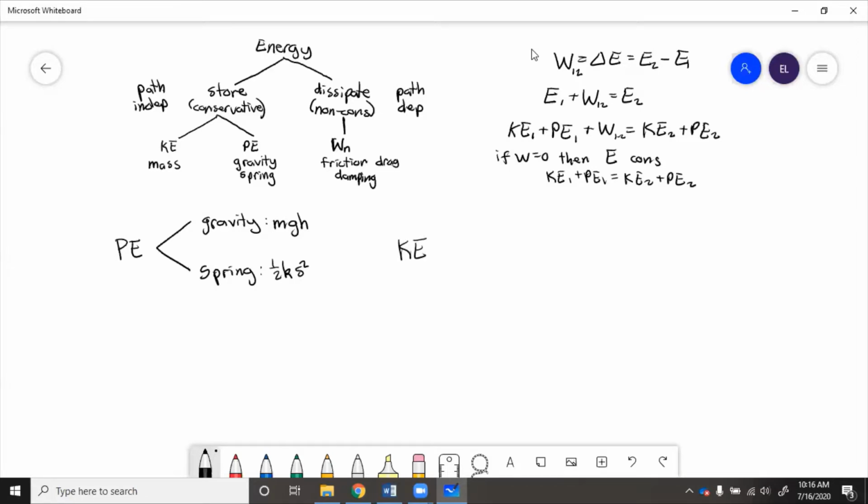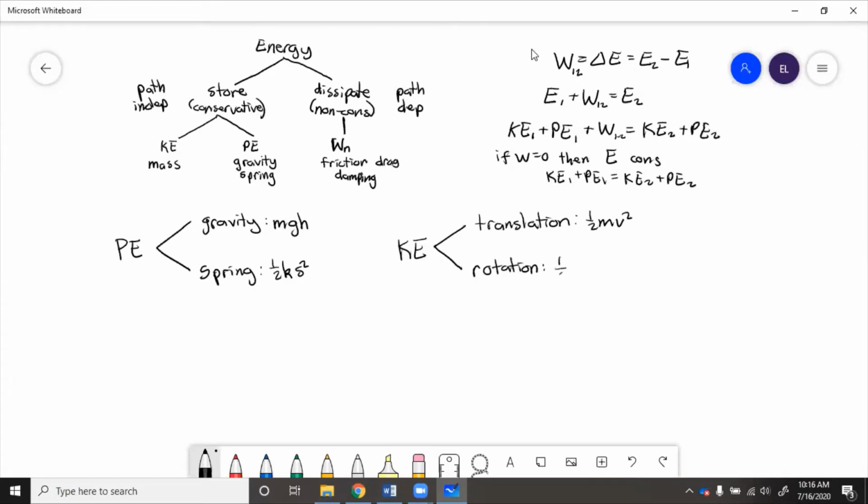Now, kinetic energy also has two types. There is translation. So kinetic energy of translation is 1/2 mv squared. m is mass, v is velocity. Or it can be stored in rotation.